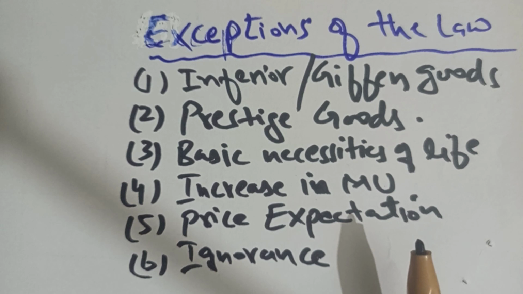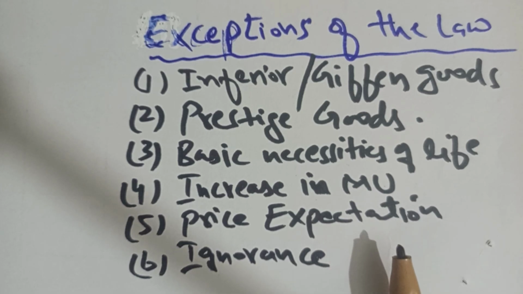When people feel that a commodity is going to be scarce or short in the near future, they buy more of it even if there is a current rise in price. For example, if people feel that there will be a shortage of rice in the market in the near future, they will buy more of it even if the price is high.